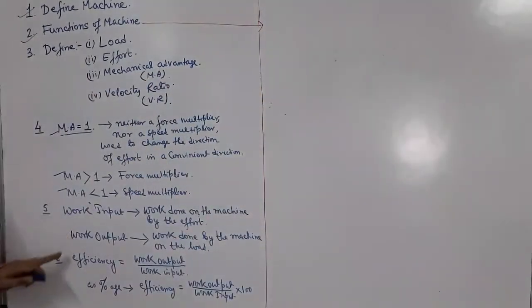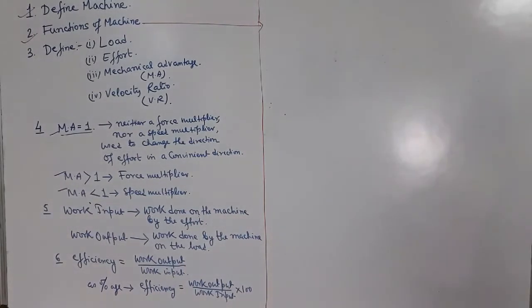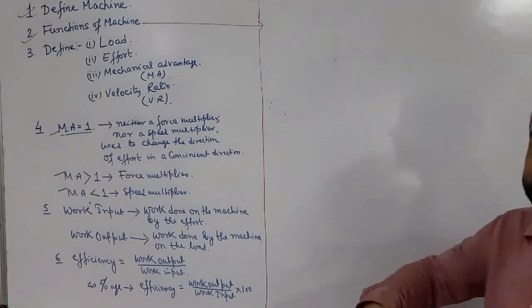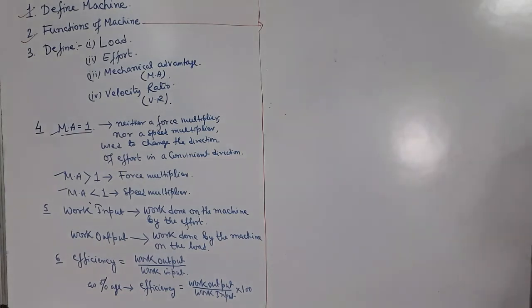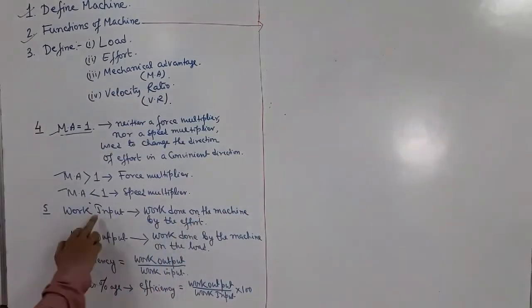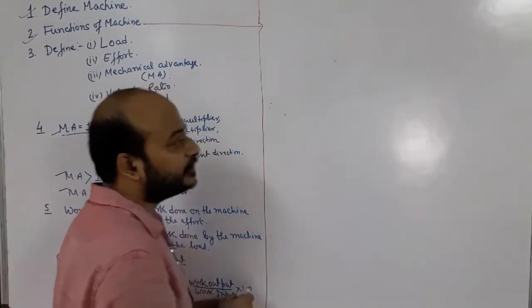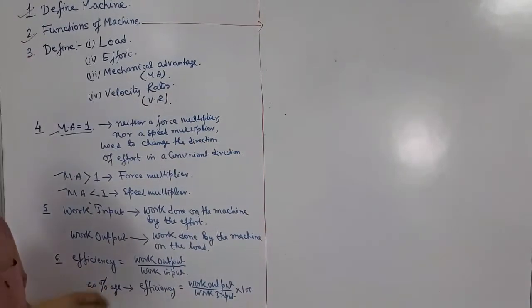Next is about work input and work output. No machine does the work by itself. Some work has to be done on the machine, then only the machine can work. So the work done on the machine by the effort is called work input. When we are applying an effort, that means we are applying some force, and since we are applying some force, some work is done.